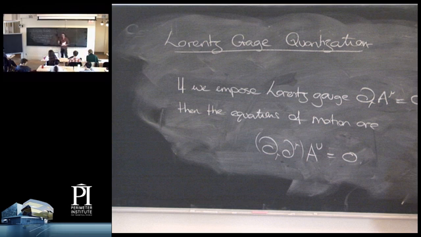Okay, so our strategy to quantize this theory is going to be the following. We're going to quantize a theory which obeys the following equation of motion. So what I'm going to do is write down a new Lagrangian whose equation of motion is this. We'll quantize that theory. We'll see that it doesn't make any sense for a particular reason.